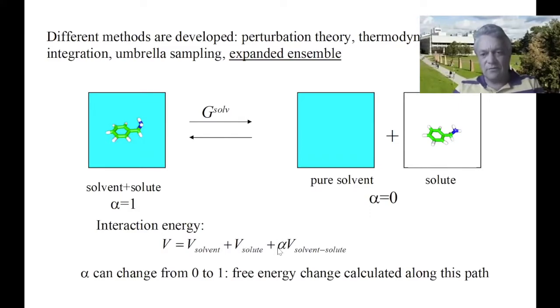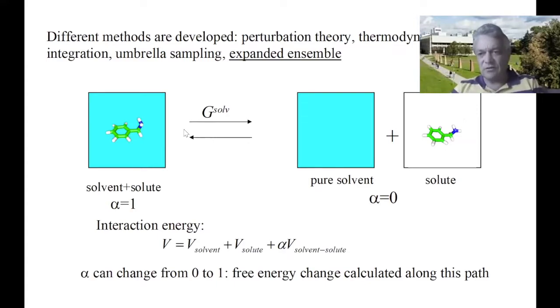If we put the coefficient alpha in front of this interaction energy to 0, we effectively decouple this molecule from the solvent. When alpha becomes 0, we have pure solvent and the molecule in the gas phase. And the difference in free energy between these two systems is just the solvation free energy. That is what we need to compute.